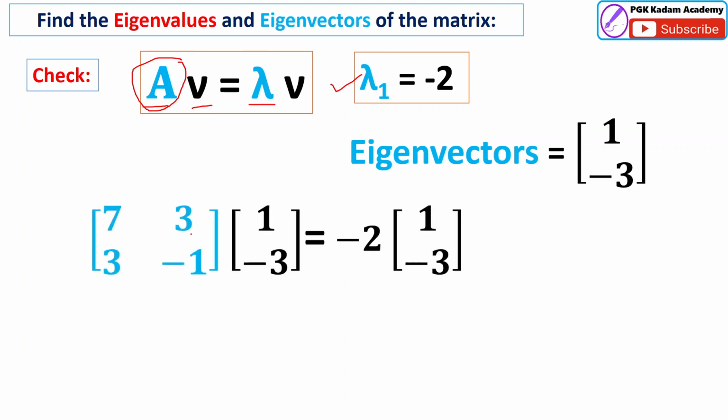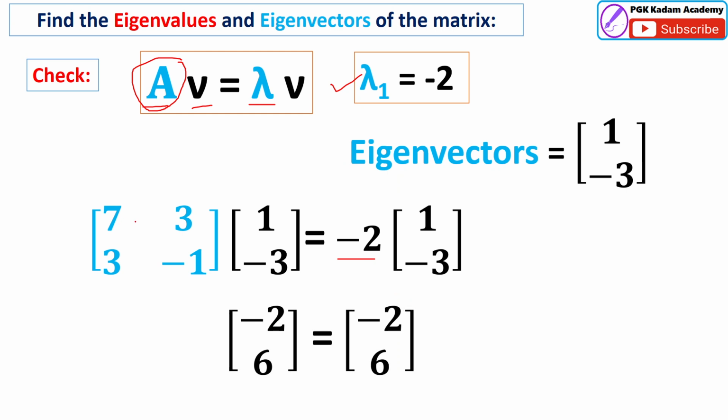So friends, putting this in the equation, matrix A times [1 -3] is equal to minus 2 times [1 -3]. Checking this, 7 into 1 minus 3 into 3 is minus 2, it is correct. And 3 into 1 minus 1 into 3 is 6. On the left-hand side and right-hand side, both answers match. So it's a checking point, and it's a perfect answer.